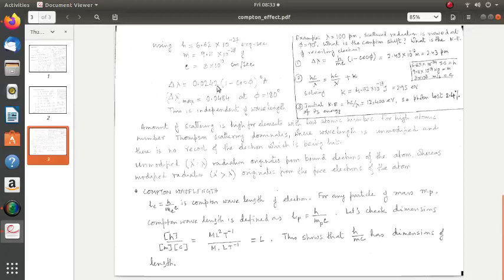This is called the Compton wavelength of the electron. So for phi equal to 180 degree, we get the maximum, that is the double of this. Delta lambda max is 0.0484 Angstrom at phi equal to 180 degree.